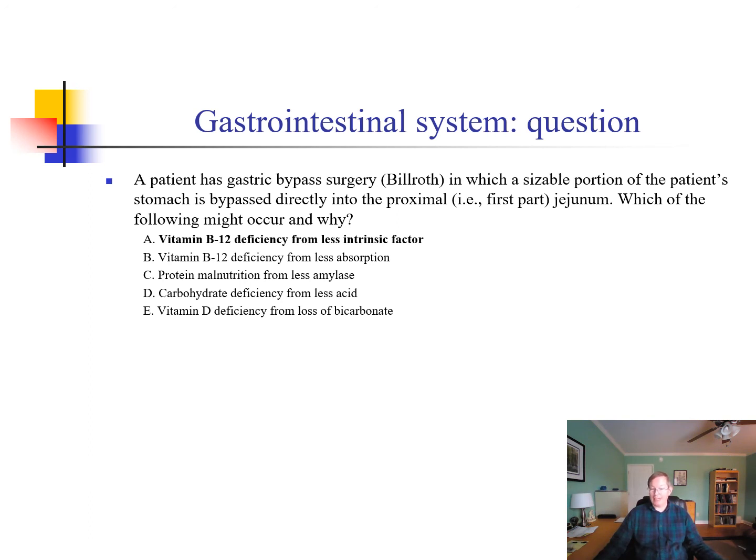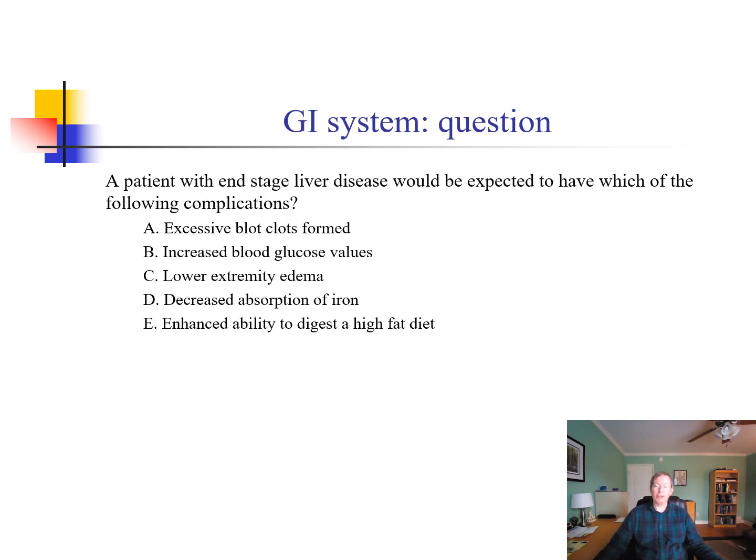Amylase doesn't have anything to do with protein digestion. Carbohydrate digestion is not done in an acidic environment. The amylase is active at a higher pH. And vitamin D deficiency doesn't have anything to do with bicarbonate per se, and you can also synthesize that in the skin.